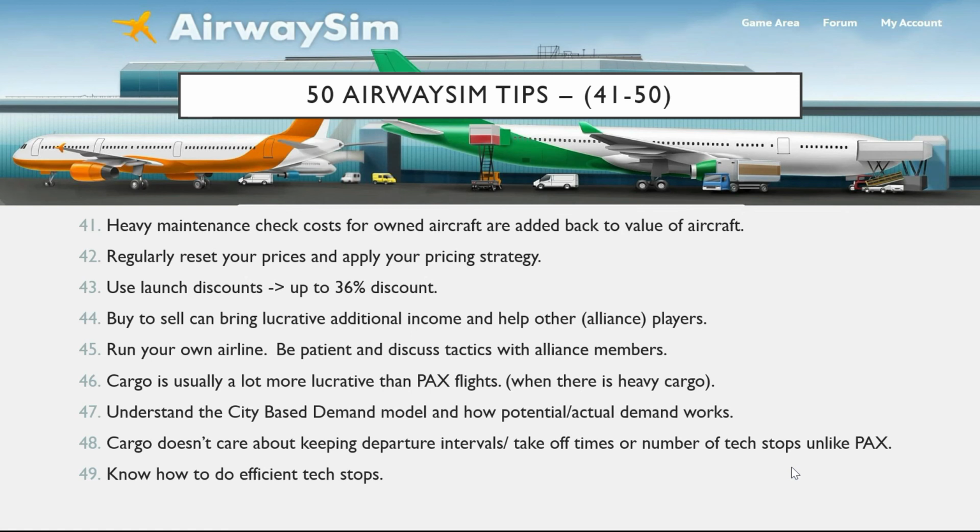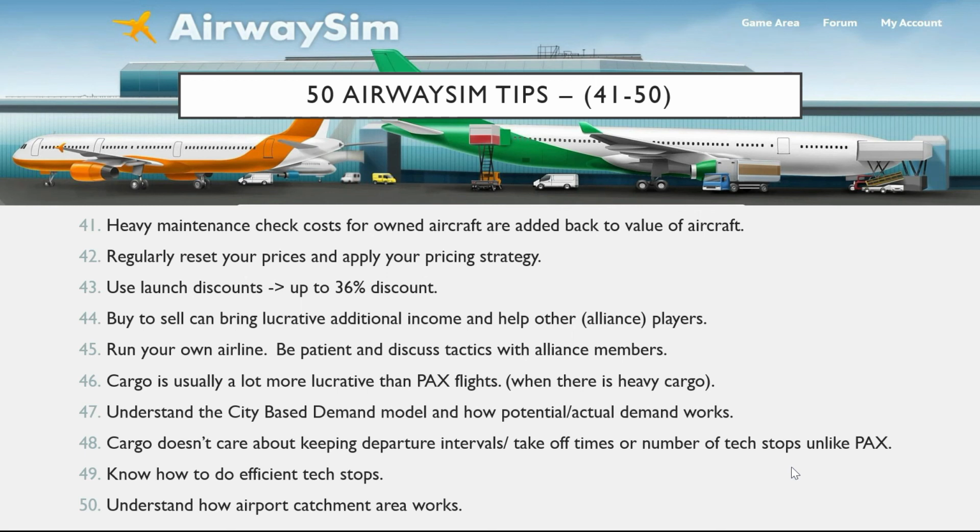And finally, the last point is linked to point number 47: understand how the airport catchment area works. Each airport has a catchment area for the city it's in, and the bigger the infrastructure level is or becomes, the bigger the circle around that airport becomes. But that could mean that you're starting to overlap with other airports nearby. So some of the demand might be moving from one airport to another if you're not flying it.